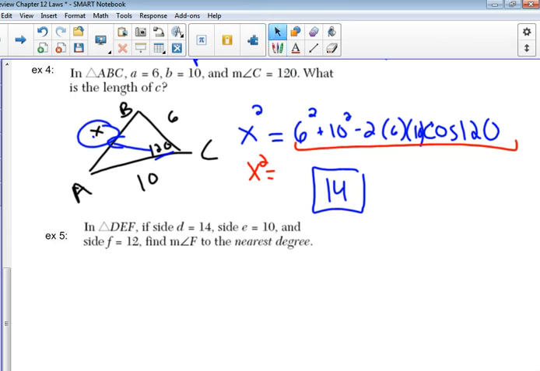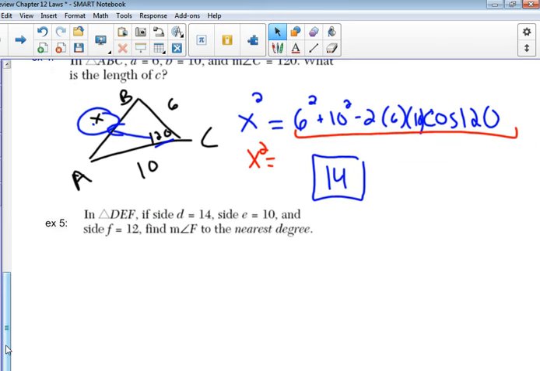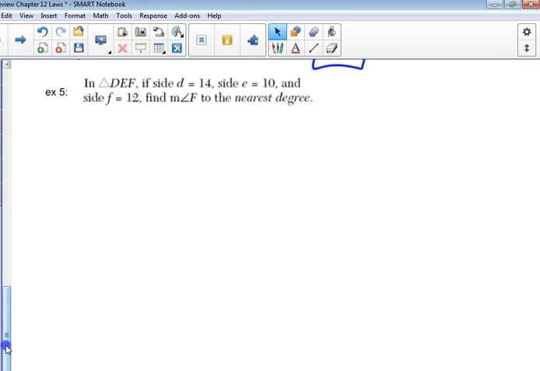Alright. Since we're on cosine, let's see about this next one. Why don't you guys try to draw your picture? See if you can set some stuff up in here.